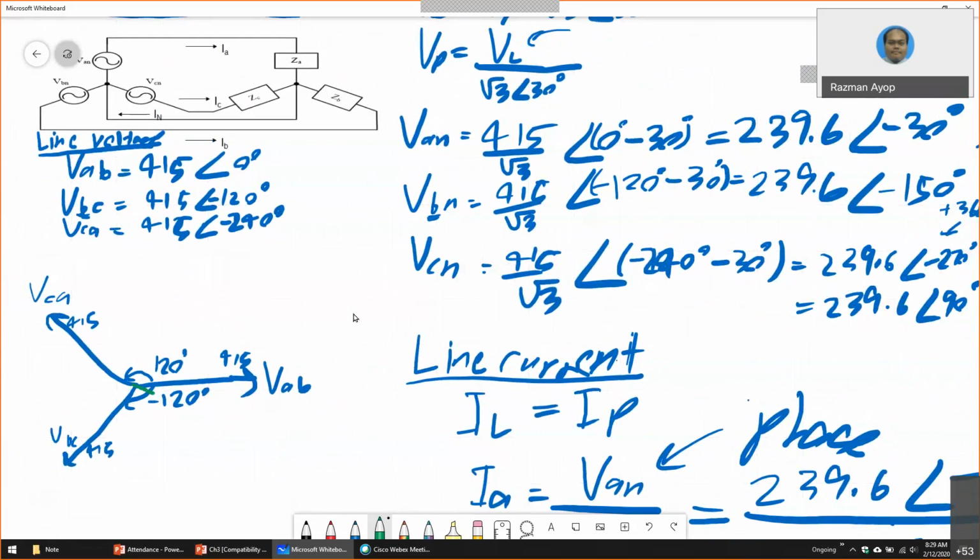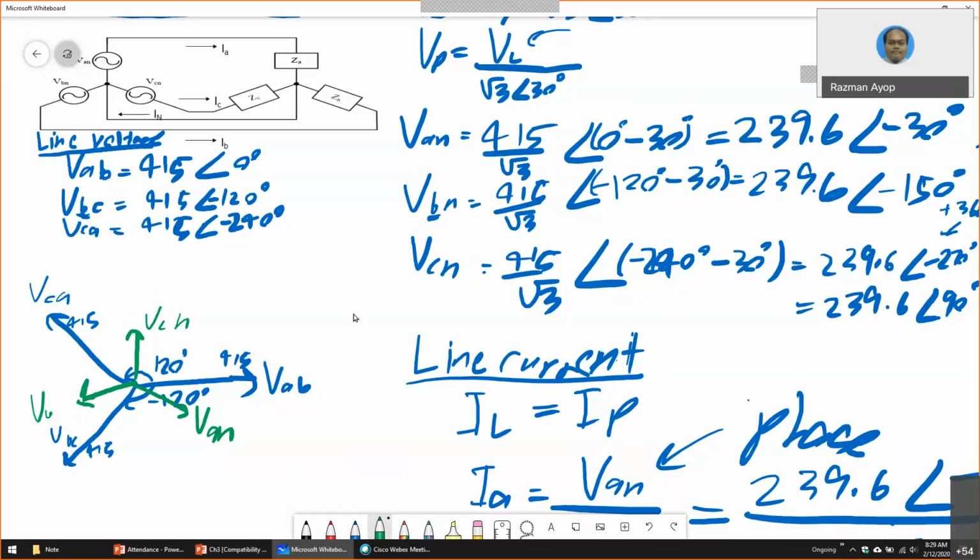So this one is VAN, this one is VBN, and this one is VCN. Make sure it is shorter because the magnitude is much smaller.